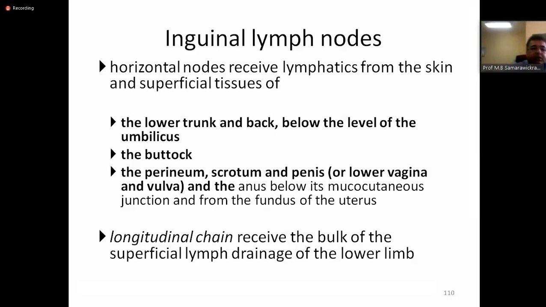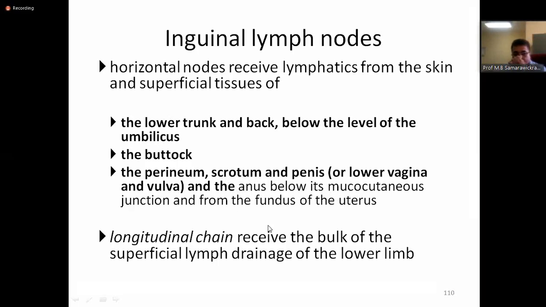Right, and it drains the lower trunk below the level of the umbilicus, the buttock, then the perineum, scrotum, and penis, lower vagina and vulva, and the anus below its mucocutaneous junction, and the fundus of the uterus. So remember, these special areas also drain to the inguinal nodes, right?